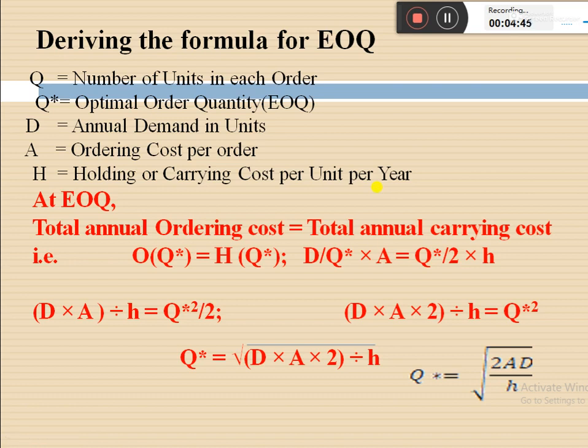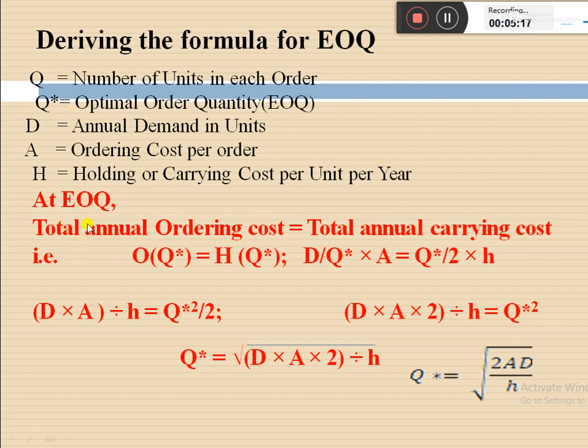Then we have derived the formula for economic order quantity with given information. Q is equal to number of units in each order, Q star denotes the optimal order quantity or economic order quantity, D denotes the annual demand in units, A denotes the ordering cost per order, and small h denotes the holding or carrying cost per unit per year.